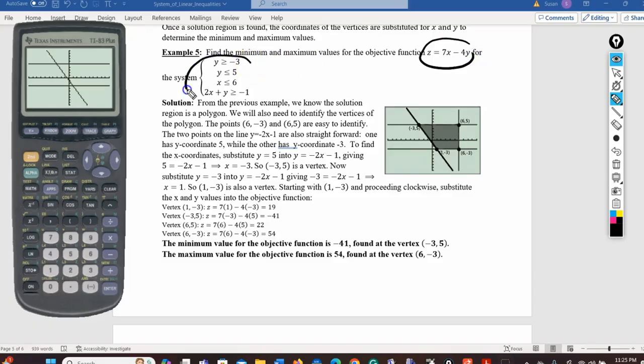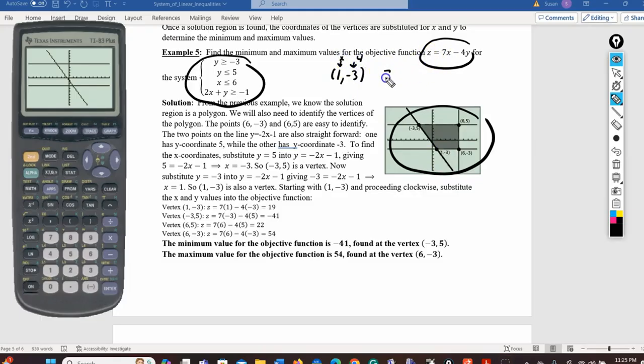For the one that we just did, so here's our region. And what you're going to do is start with the corner points, and plug the corner points into your x and y values for your objective function. So let's start with the vertex 1, -3. Well, your x value is 1 and your y value is -3.